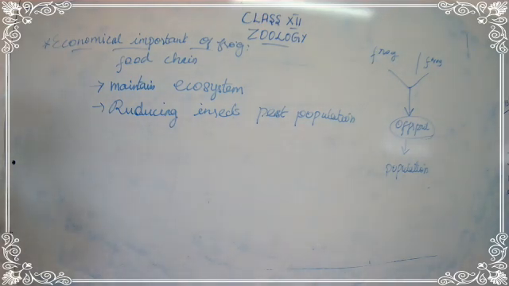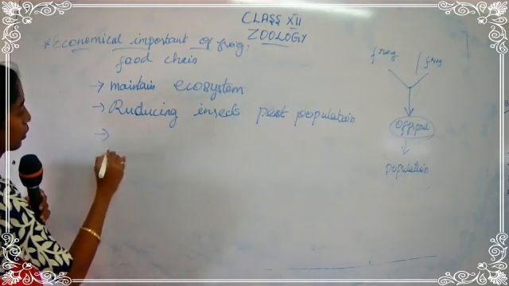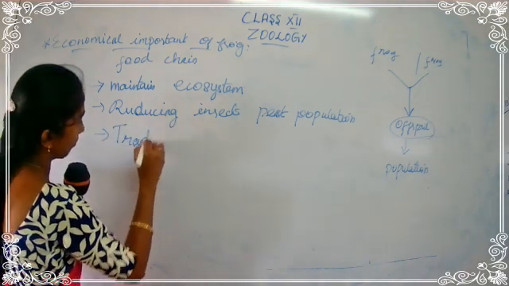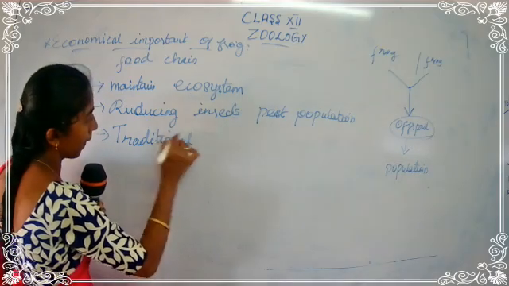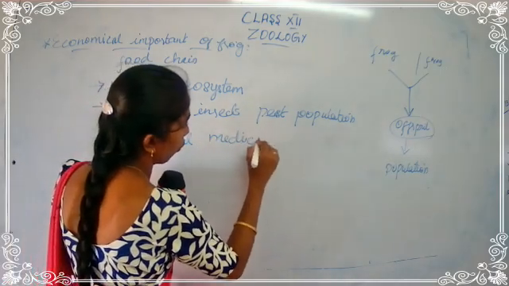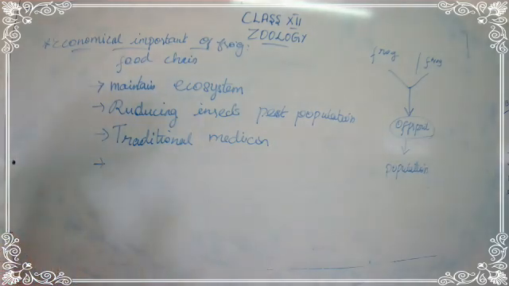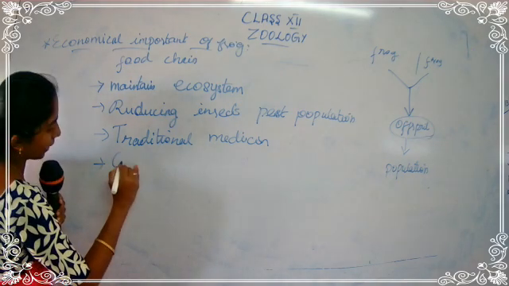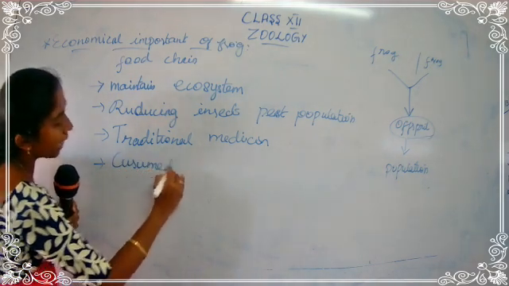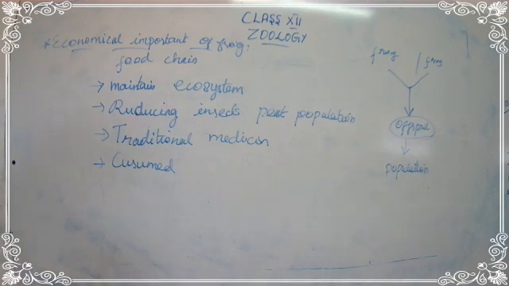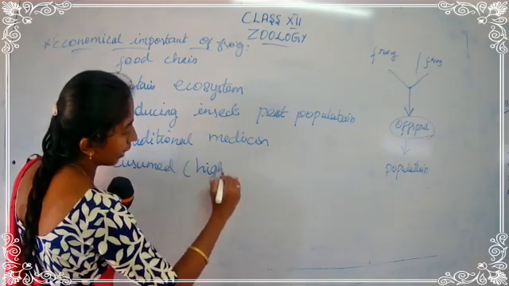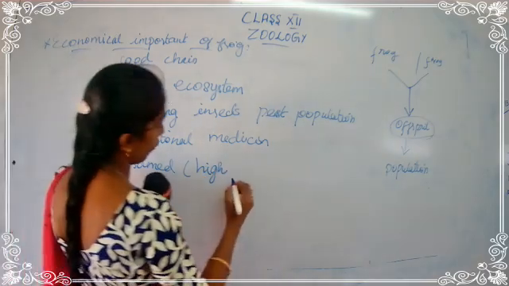Then, traditional medicine for controlling blood pressure and for its anti-aging effect. So it is a very good traditional medicine for blood pressure. Then the next point: in the USA, China and Japan, people consume the frog. It has a high nutritive value, so some people consume the frog.